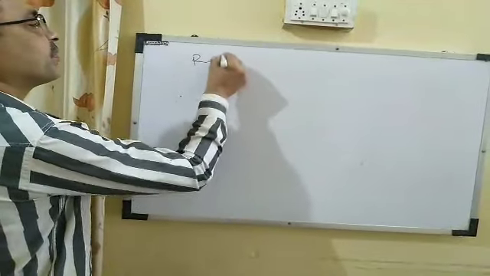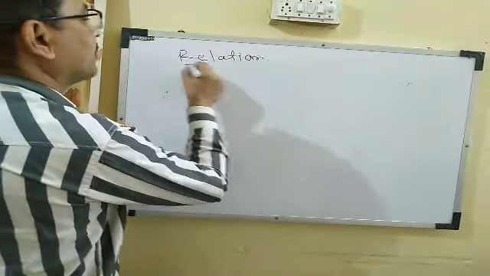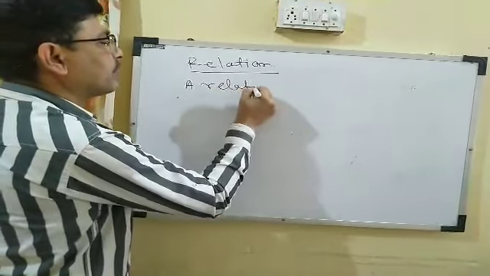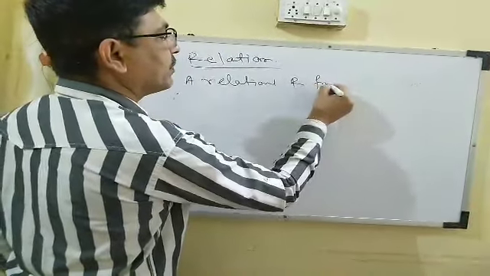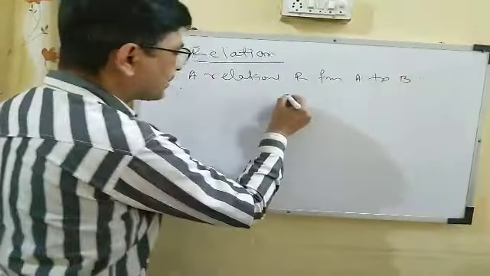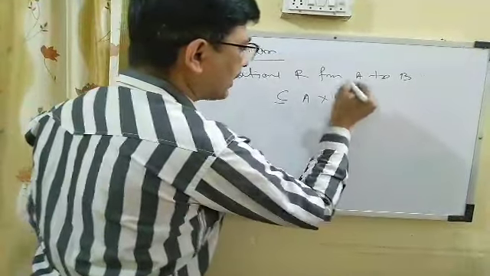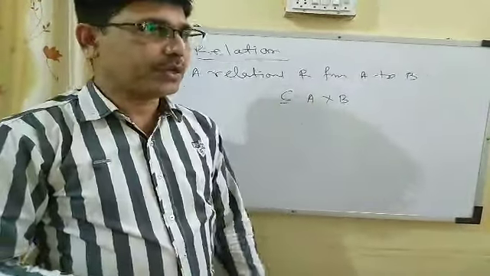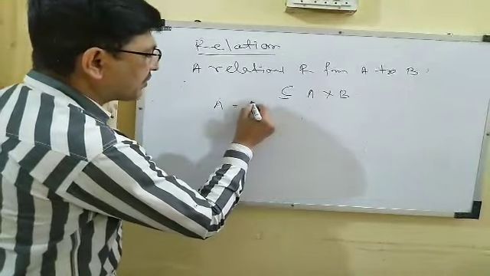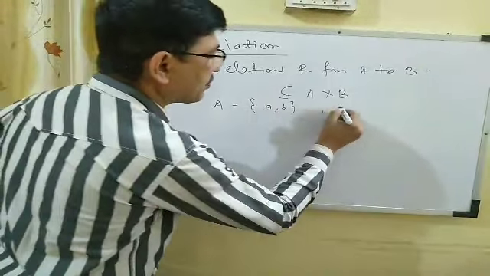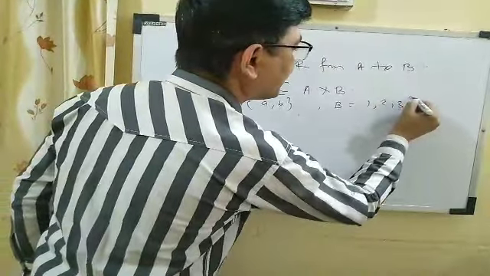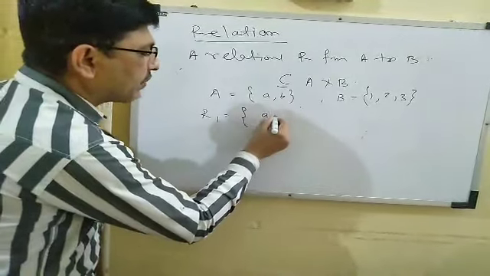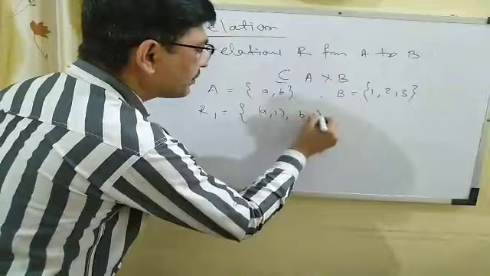A relation R from A to B is a subset of A cross B. Every subset of A cross B is a relation from A to B. If we consider A as the same set {a, b} and B as the set {1, 2, 3}, suppose R1 is the collection of (a,1), (b,1), (a,3).